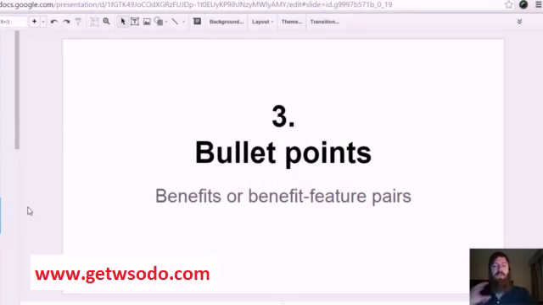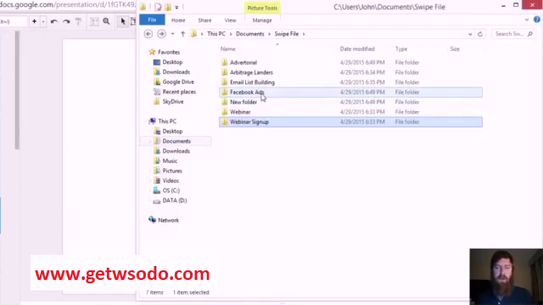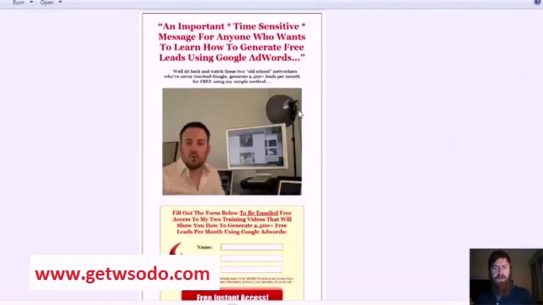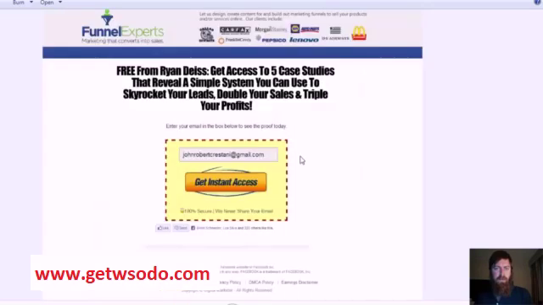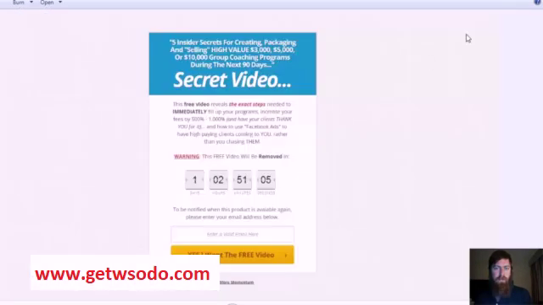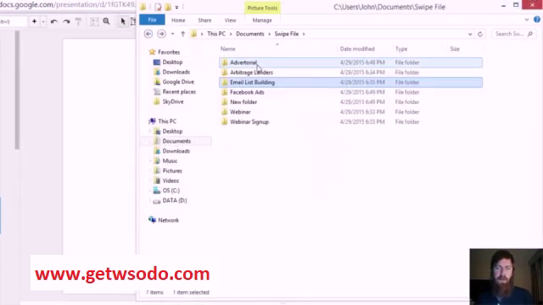Bullet points. These are benefit-feature pairs, basically. Let me bring up an example with email list building. You know what? Some of these are too short to have benefit-feature pairs, so I'll put up an advertorial.